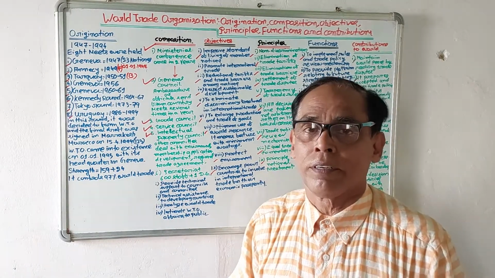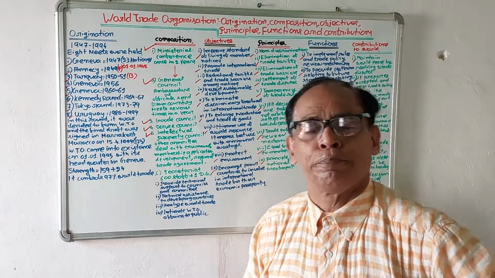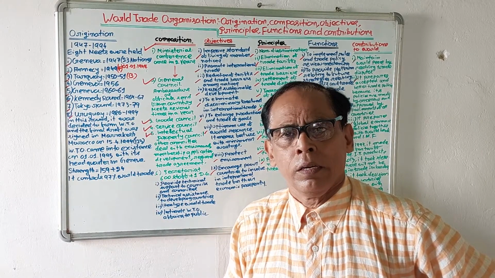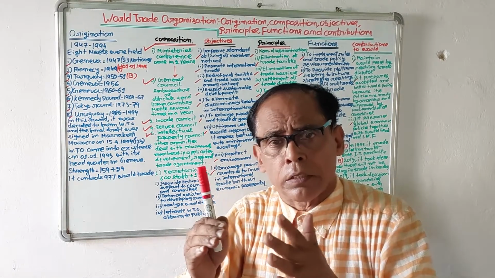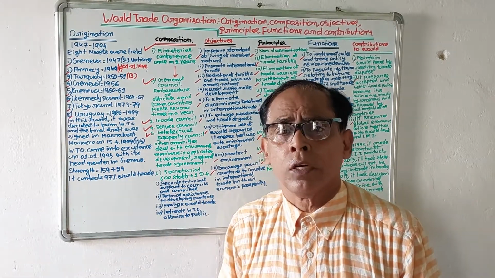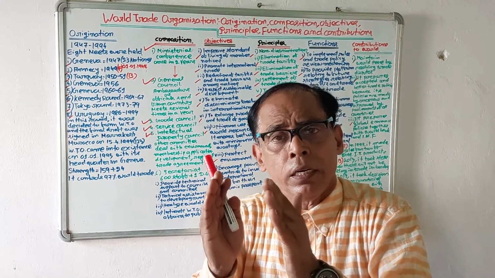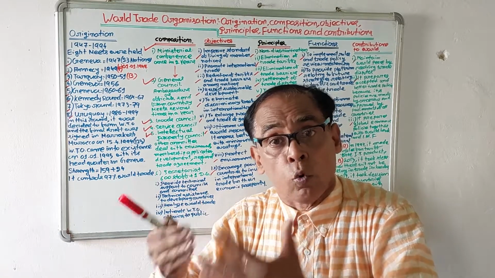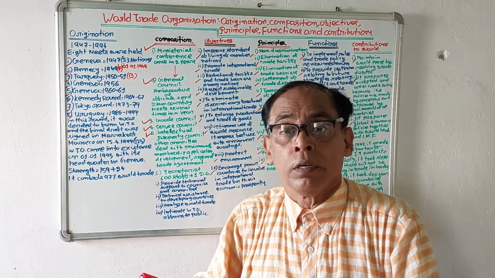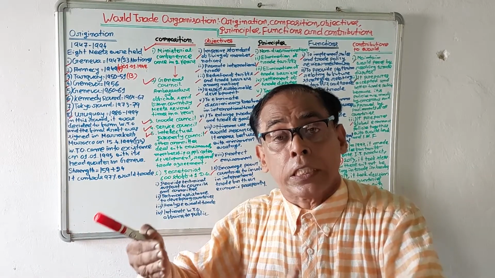Let us start how World Trade Organization has been originated. No doubt World Trade Organization has come into existence on 1st January 1995, but for the World Trade Organization, 8 rounds of discussions were made.